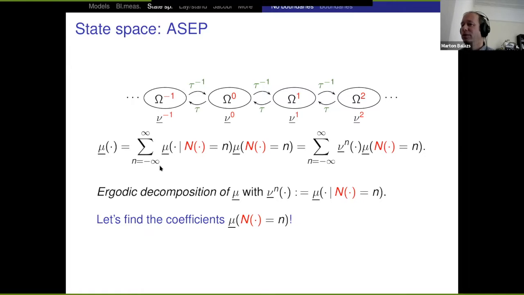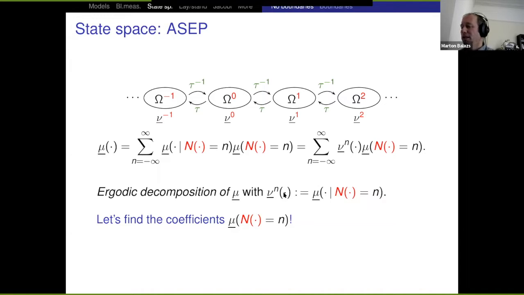So what do you do when you have a stationary distribution with a conserved quantity? Of course, you try to do the ergodic decomposition. You try to write this probability as the conditional probability given the conserved quantity times the distribution of the conserved quantity, just the law of total probability. And so just to abbreviate things, this conditional one is going to be nu n.